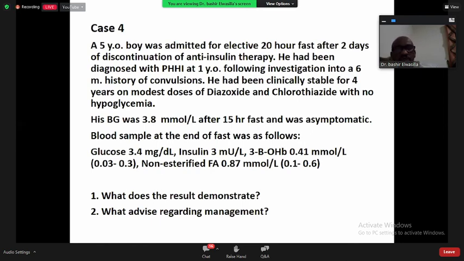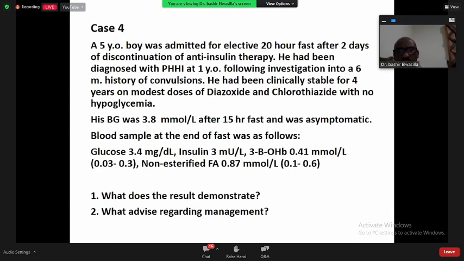His blood glucose was 3.8 millimole per liter after 15 hours fast, and he was asymptomatic all the time. Blood samples taken at the end of the fast were as follows. Glucose was 3.4, insulin 3 milliunit per liter, and 3-beta hydroxybutyrate was 0.41 millimole, which is a little bit higher. Non-esterified fatty acids is 0.87, which is also a little bit higher.